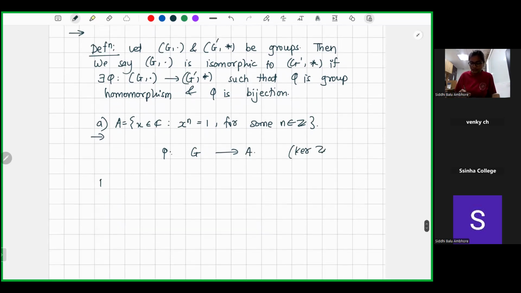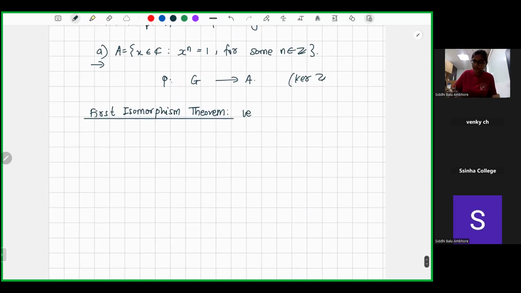So let us write the first isomorphism theorem here. Let phi from G to G dash be a group homomorphism.